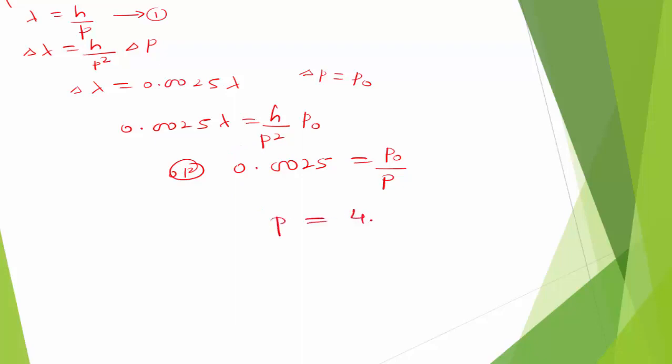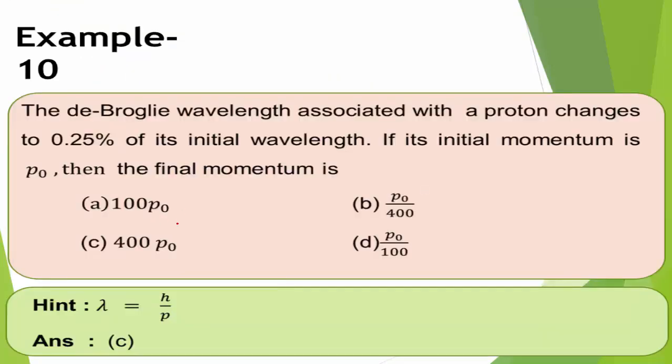Now we get 0.0025 lambda is equal to h divided by p square into p naught, or you can write 0.0025 is equal to p naught divided by p. Using equation number 1, we get p is equal to 400 into p naught. Here option C is the right answer.